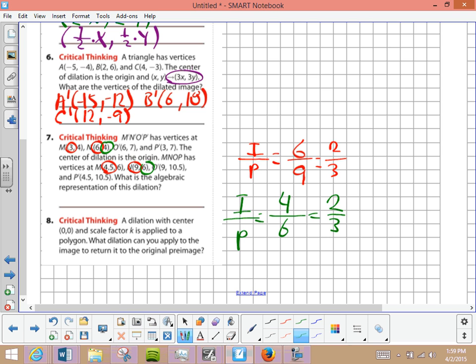So what can we conclude after that? The scale factor is 2 over 3, right? So how do you write the algebraic representation? There we go.